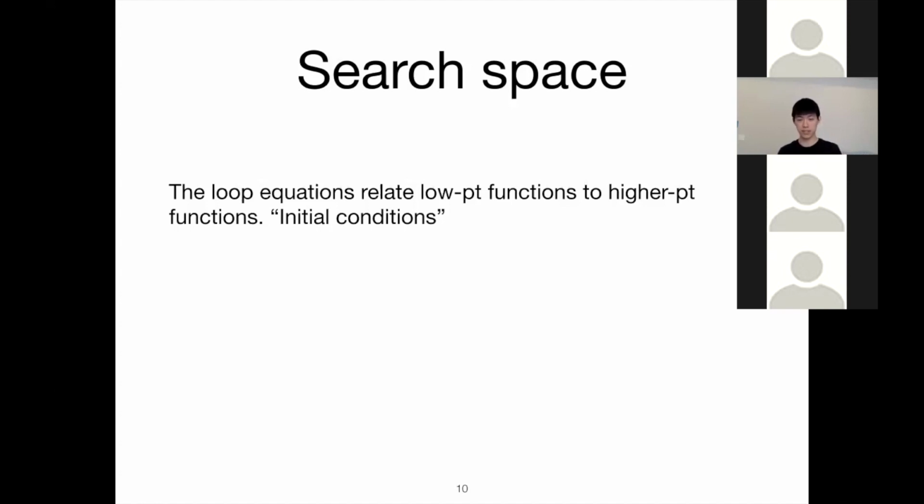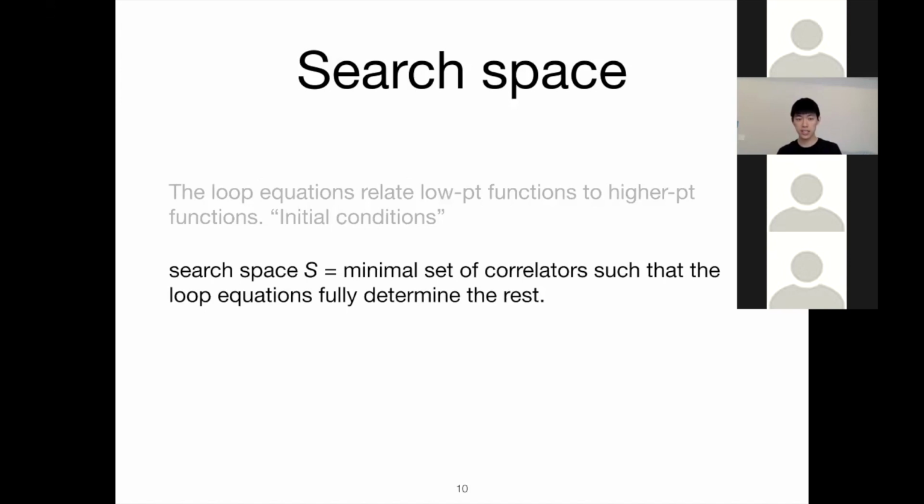And the question is, what is a minimal set of correlators such that if we knew these, the loop equations would fully determine the rest of them? All the infinitely many correlation functions would be determined from this minimal set. And a basic question is just whether it's finite or infinite, right? For the single matrix model, it's rather clear.